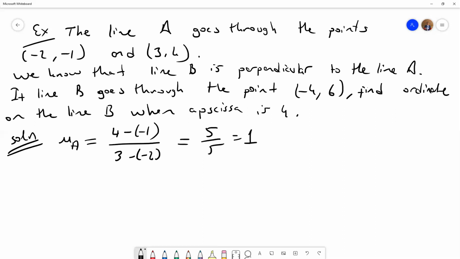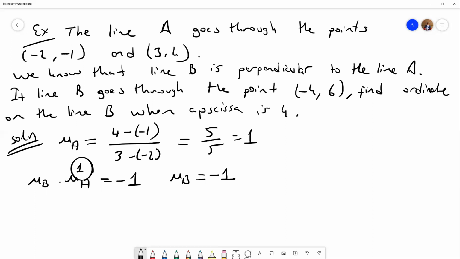Then we know that line B is perpendicular to line A, so MB multiplied by MA is equal to -1. We know MA is 1, so MB is equal to -1.